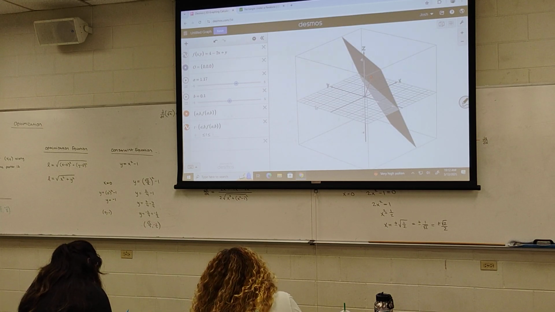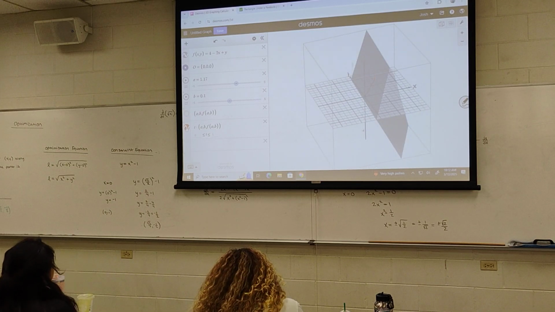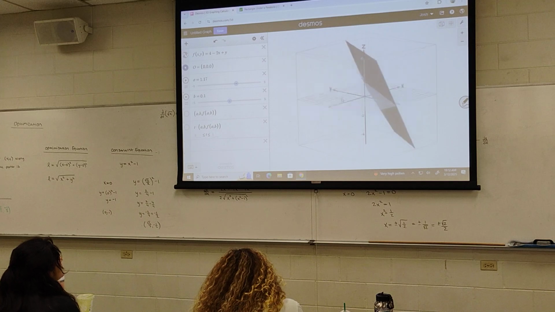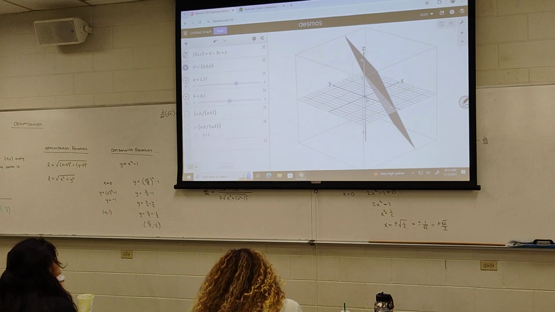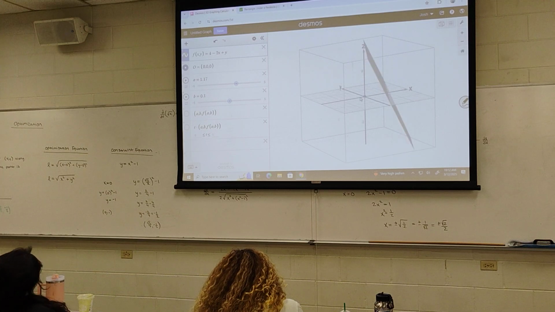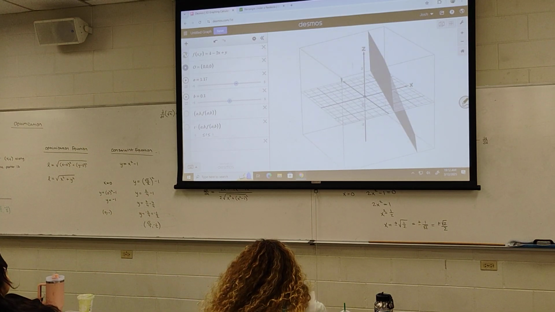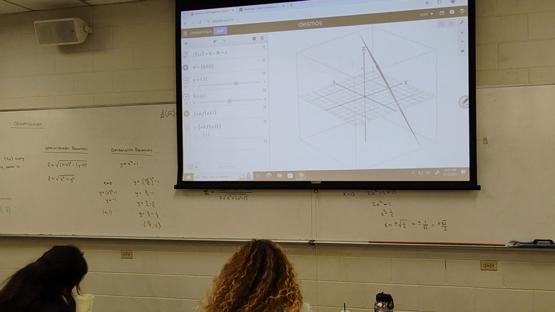Go ahead and look up at the projector. I have Desmos graphing what this problem is talking about, just visually so we understand what we're doing. I have some sort of plane in space. And the goal is to find the minimum distance from the point to the plane.